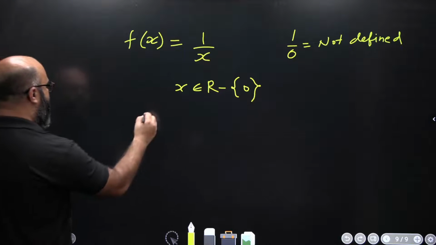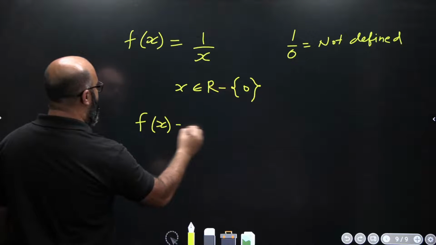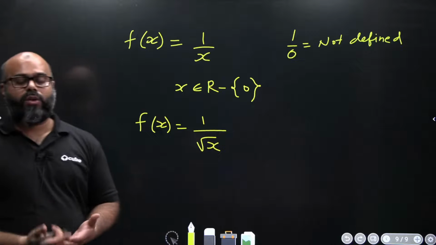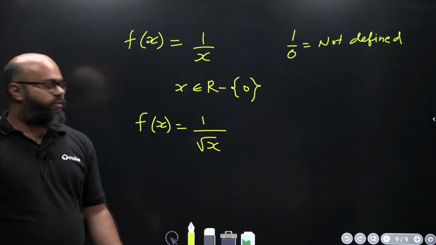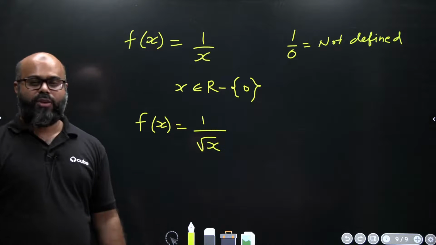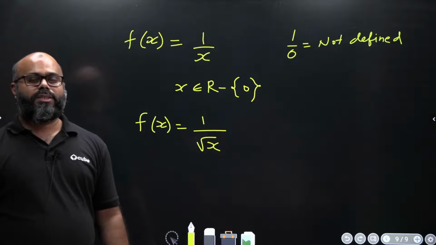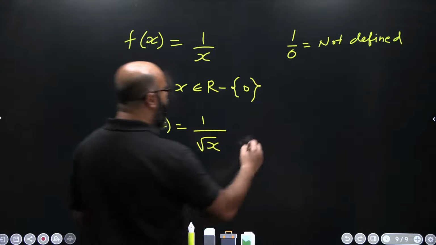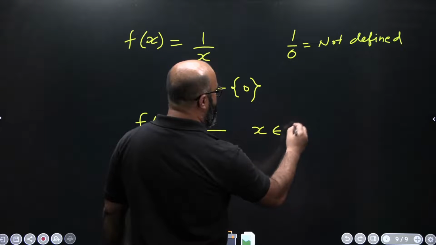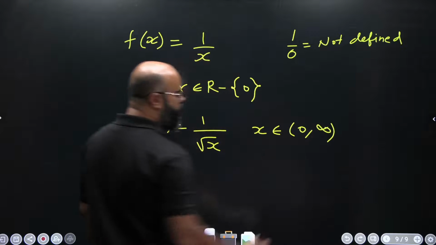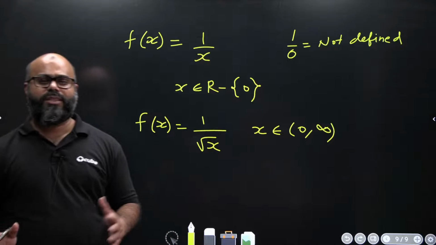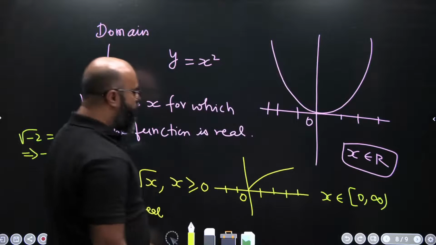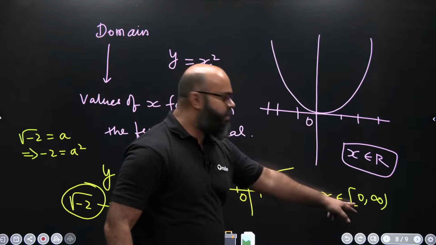If you talk about a function f(x) is equal to 1 by square root of x, then what would happen? Then there is a square root of x. Two conditions are there. First, there should not be a negative value because it is a square root. Next, since it is a reciprocal, 0 should also not be there. So, the domain would be x belonging to (0, infinity), and just try to understand the difference between this domain and the previous domain. In the previous domain, where we talk about 0 to infinity, we included 0.